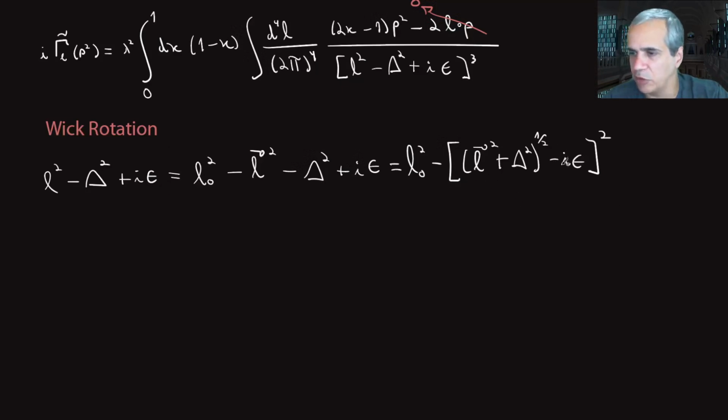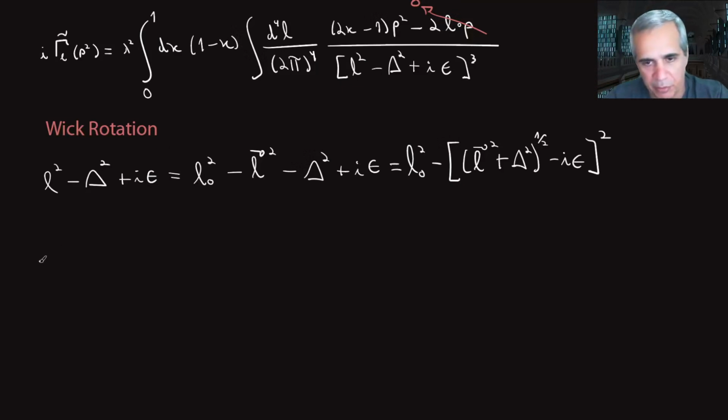This epsilon is not really the same one, which is why you have to be careful. Just take this expression, square it, go back and you see you have to rename epsilon, but that's fine. This makes really clear where the poles are.